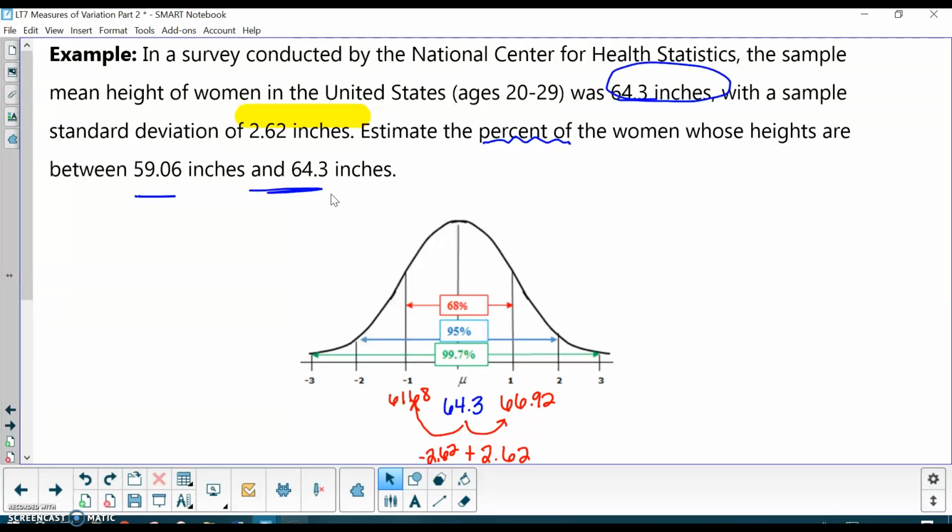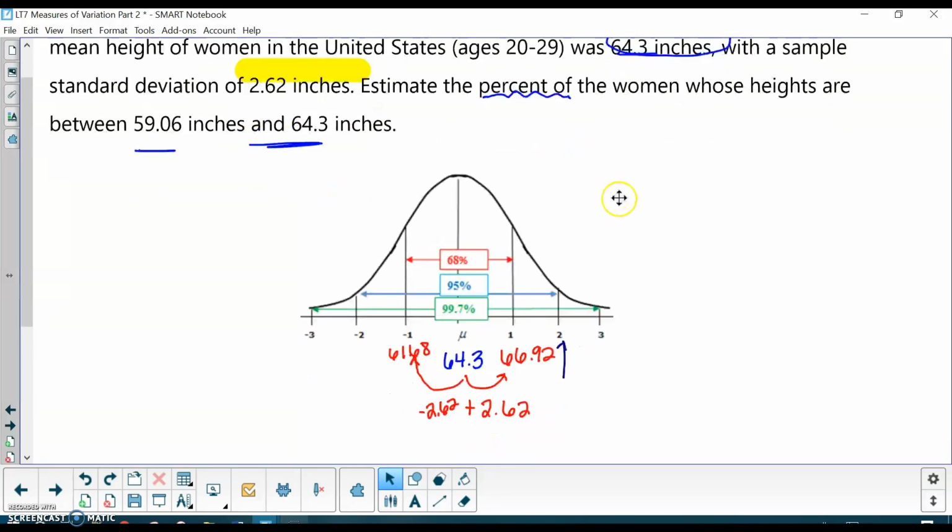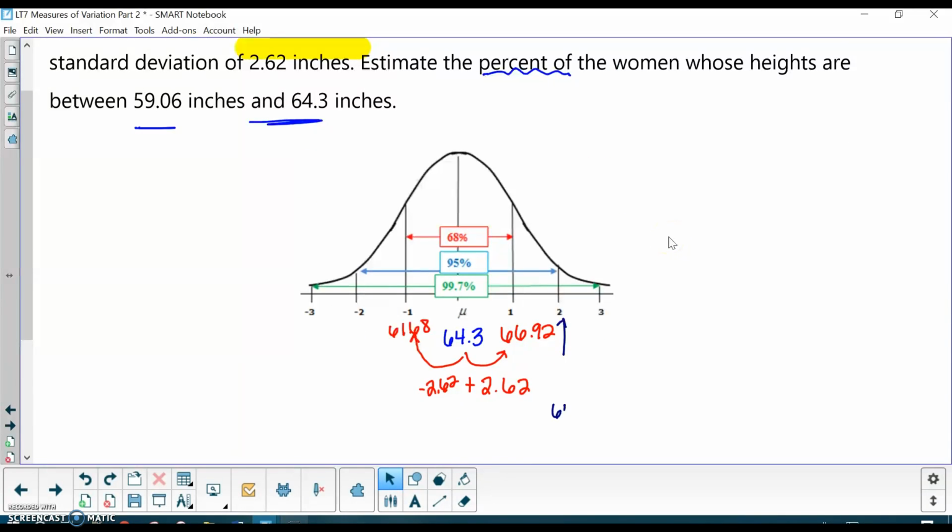Okay, we need to go out even further, so go 2 standard deviations out. So this one right here, we have our mean plus 2 times our standard deviation, 2.62, which is 69.54.